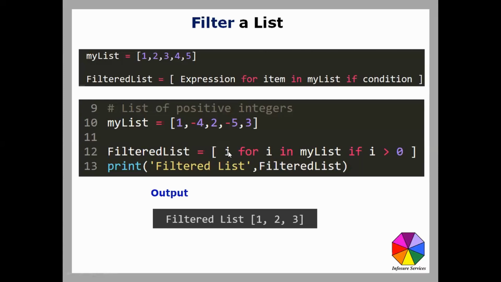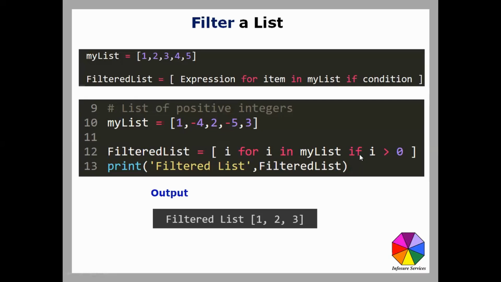While forming the list, I can optionally include conditions here. Following this for, I have an if condition: if i greater than 0. Take this example: a few numbers are negative, and 1, 2 and 3 are positive.